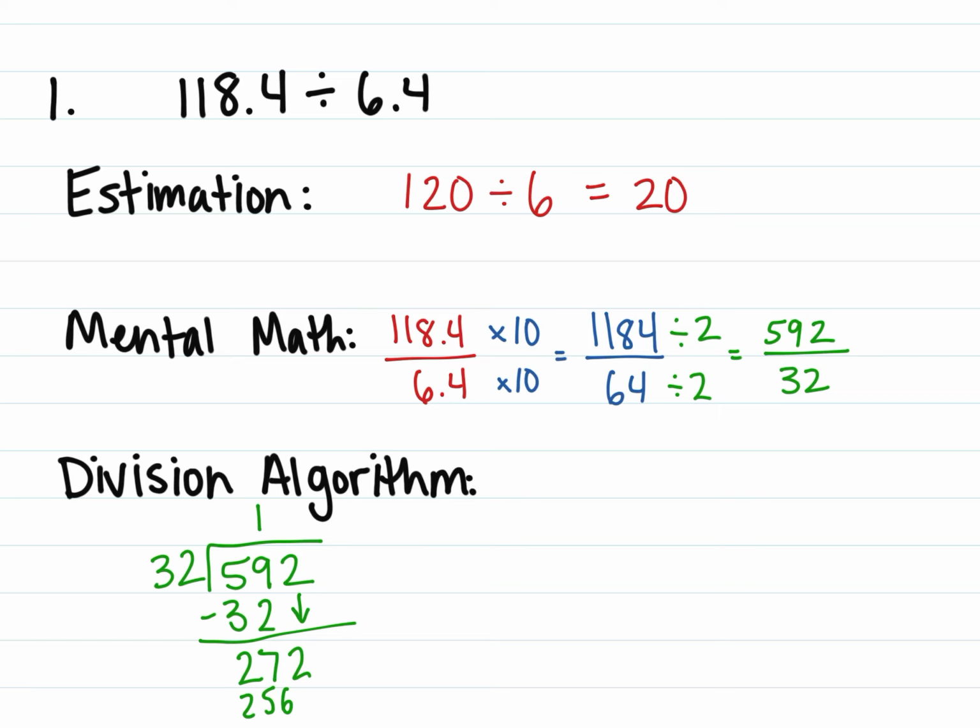I'm running out of room, but if I subtract those, 12 minus 6 would be a 6, and 6 minus 5 would be a 1. Then I would bring down a 0.